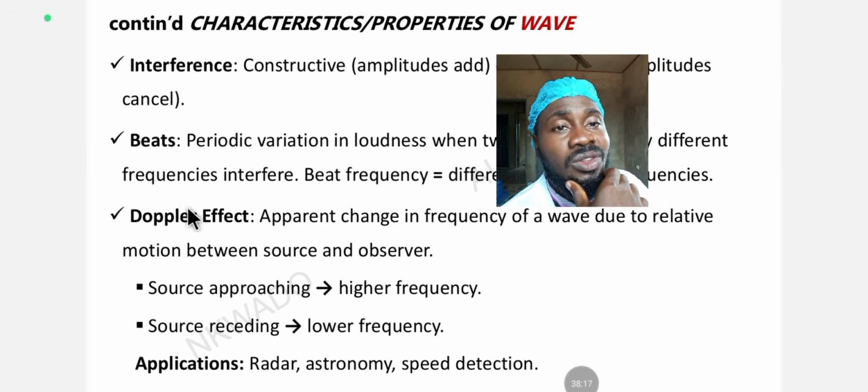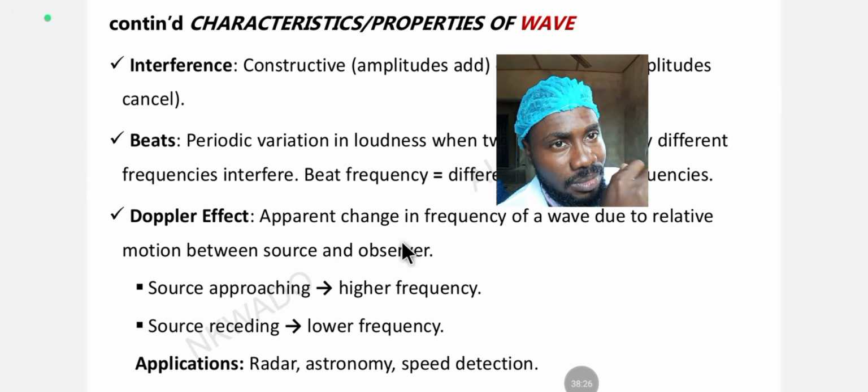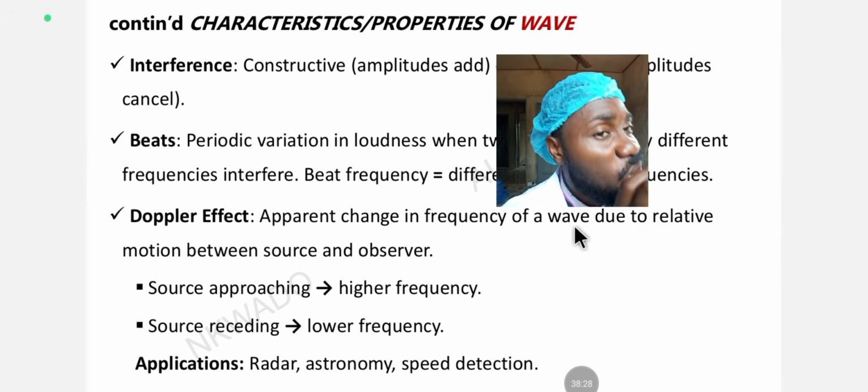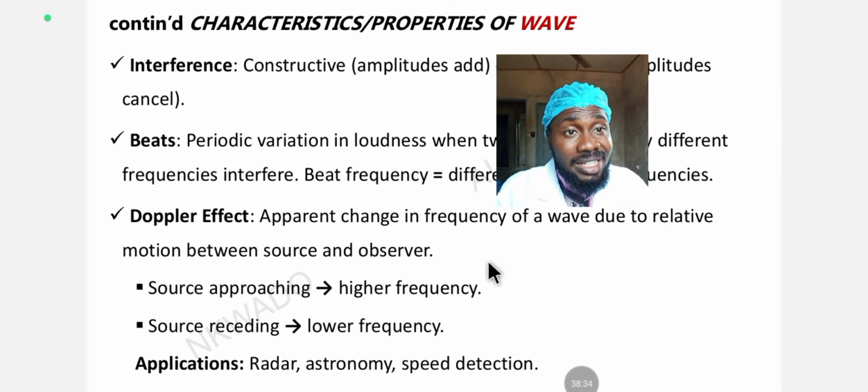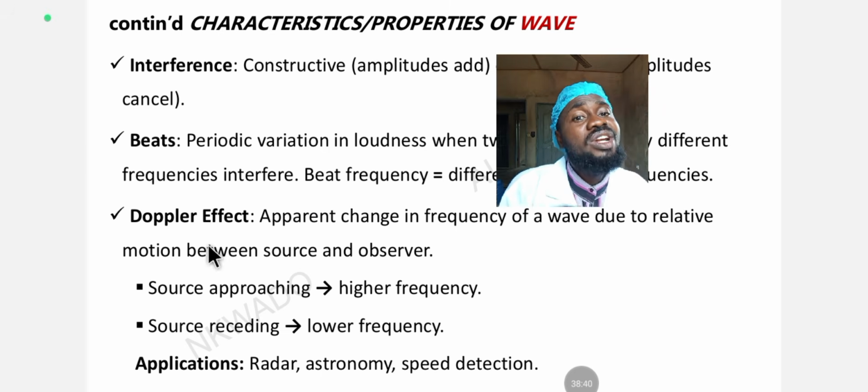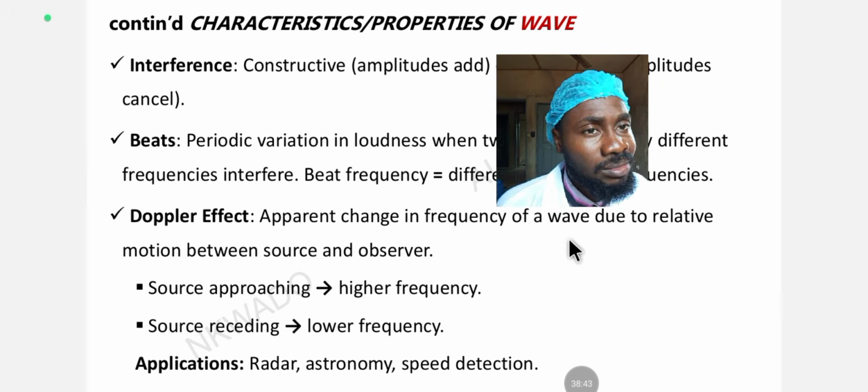Non-directional. So the Doppler effect means the apparent change in frequency of a wave due to relative motion between source and observer. The apparent change is the change that you see, that is obvious, in frequency of a wave.